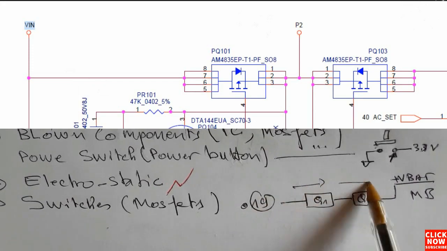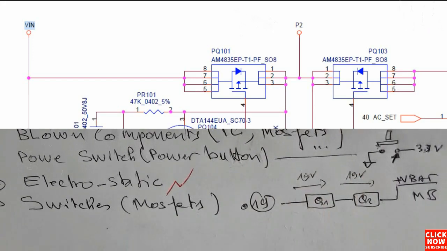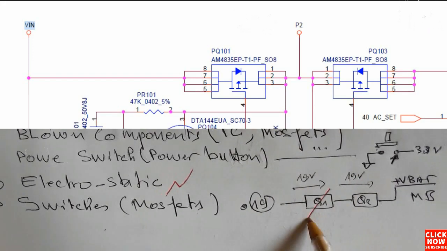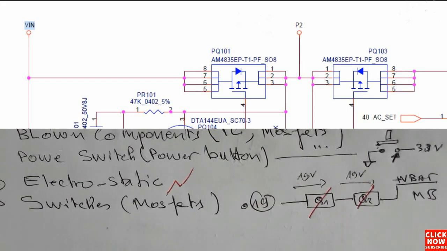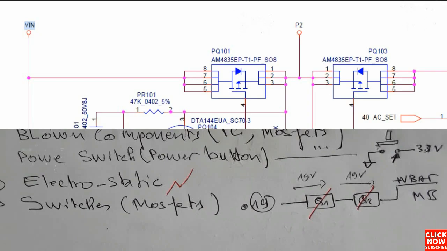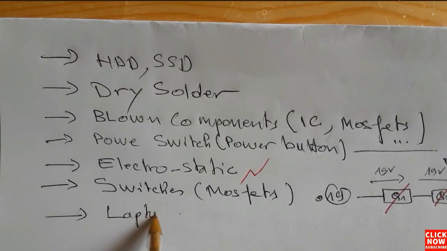So the 19 volt should pass through these two MOSFETs. If you have any failed MOSFET here, the 19 volt will stop passing to the motherboard, and then you will get a dead motherboard. So you should check whether these two MOSFETs are good or not. You will find these MOSFETs near the power jack.